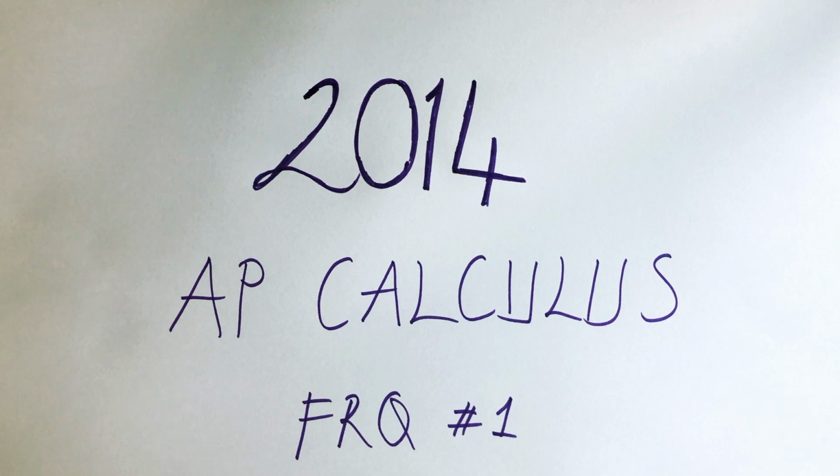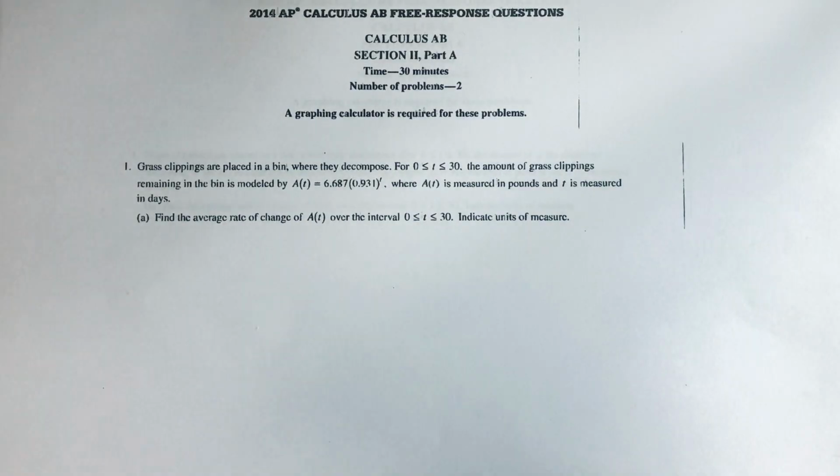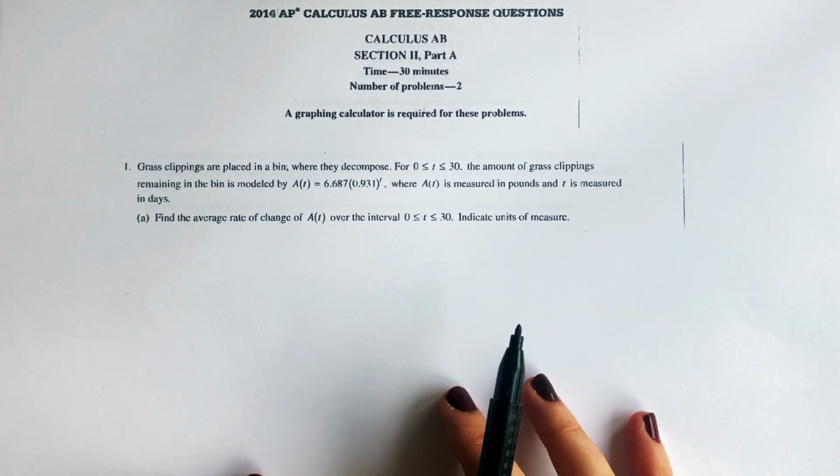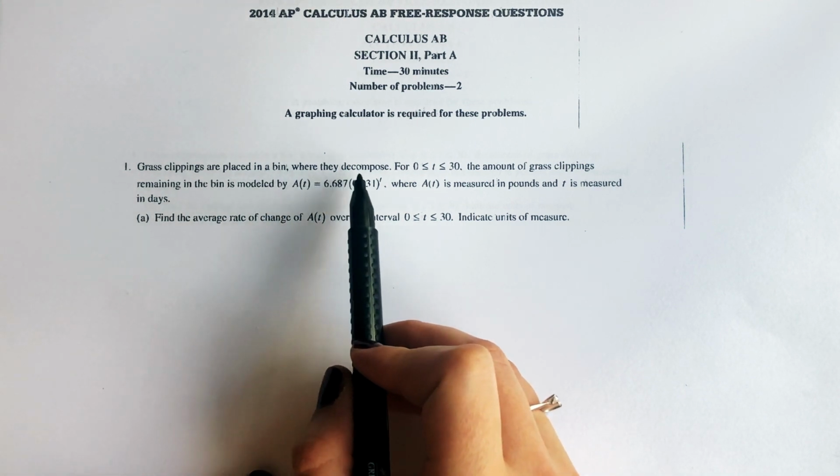Today I'm going to solve 2014 AP Calculus AB FRQ question 1. In this question we have some information. It says that grass clippings are placed in a bin where they decompose.